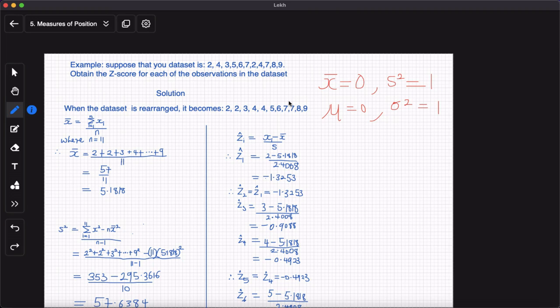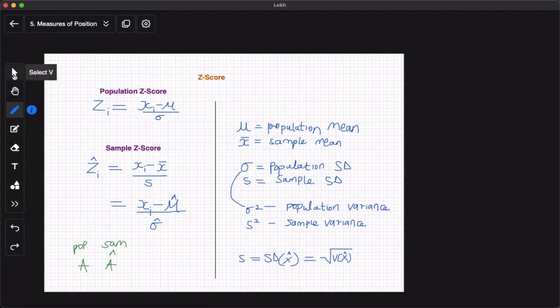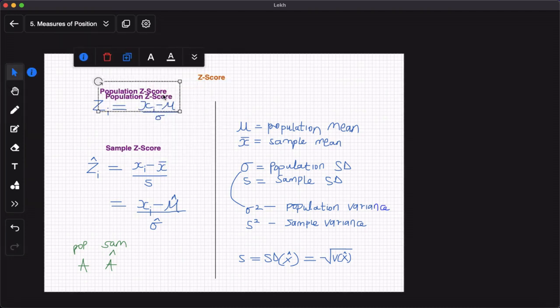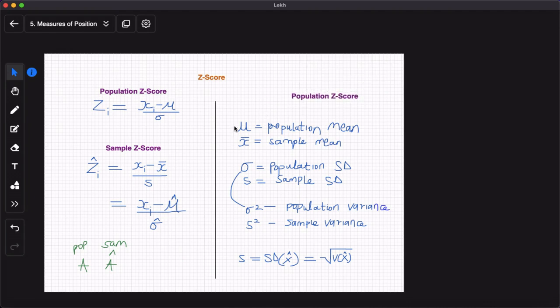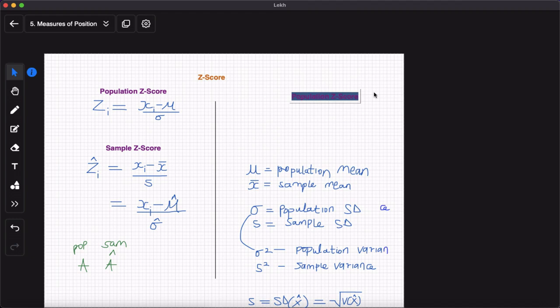All right, so by definition, we can define it.